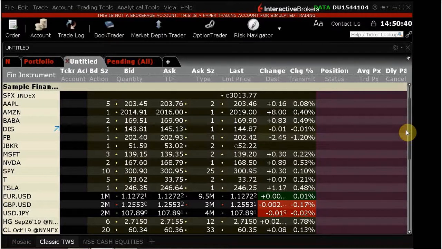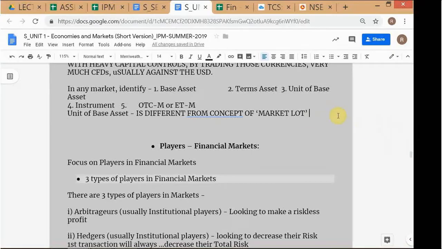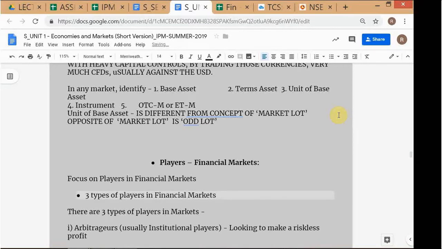If you want to sell 23 shares, you may not get this price. That's called an odd lot. So the opposite of market lot is odd lot. We've explained market lot; we should also write that the opposite of market lot is odd lot. And odd lot pricing obviously will not be as attractive as market lot pricing. Is this clear?